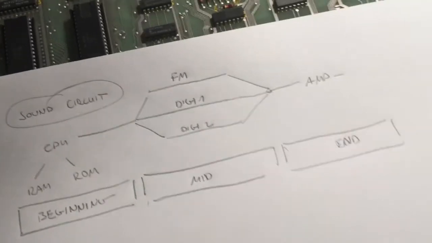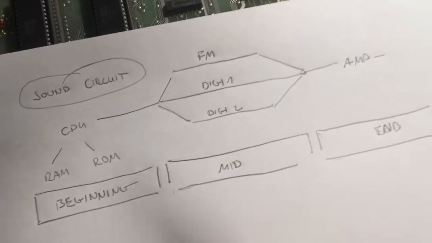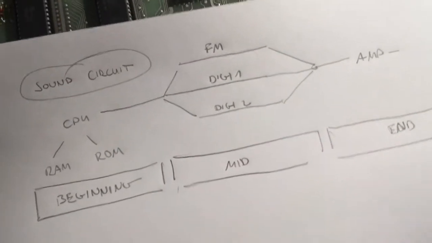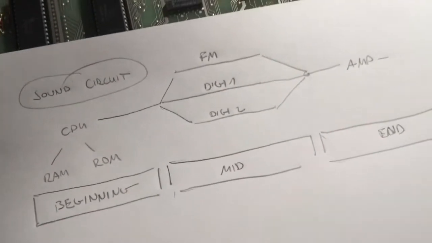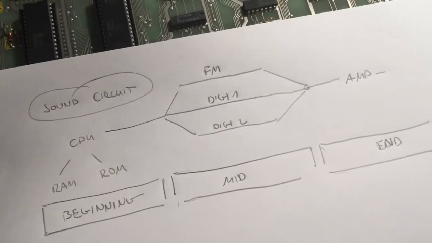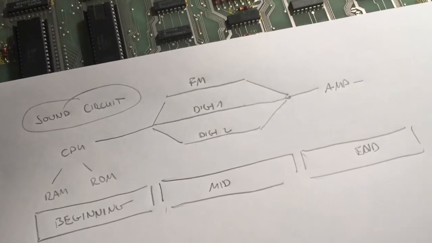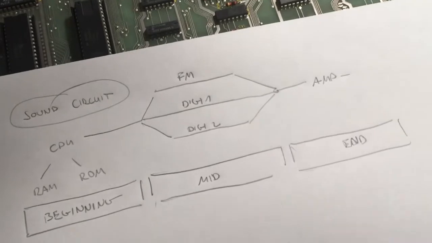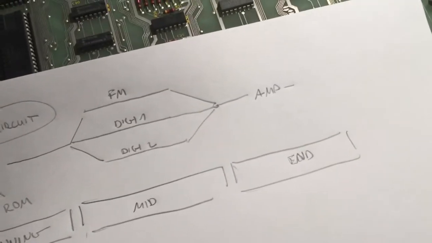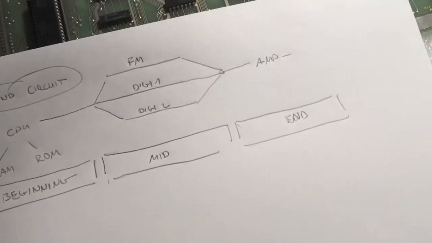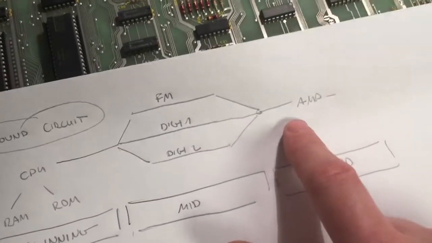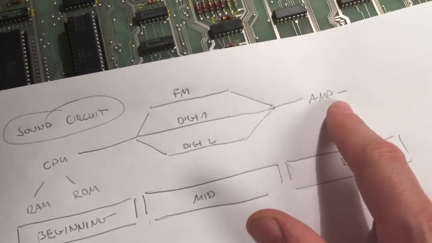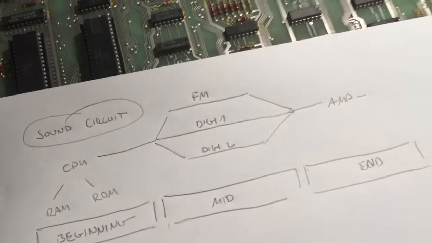So if the amplifier fails, the sound circuitry will actually still be working, but you won't hear anything from the speakers, of course. That is what I'm talking about: you have a complete loss of a function because of a problem occurring at the very end where everything merges together.